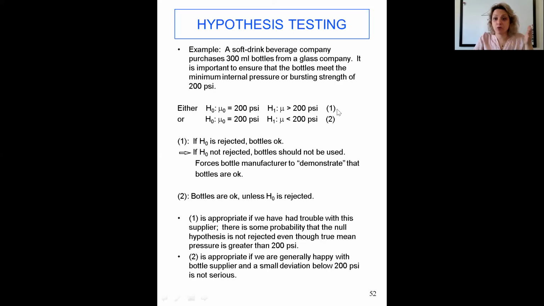It doesn't matter for me whether mu is 100 or not. The important thing is that mu is greater than 200. Or if I define it in a way that mu is less than 200, then it doesn't matter for me whether mu is 300. If I was working on the second, I would consider the second part.